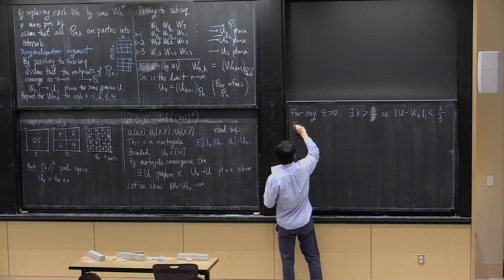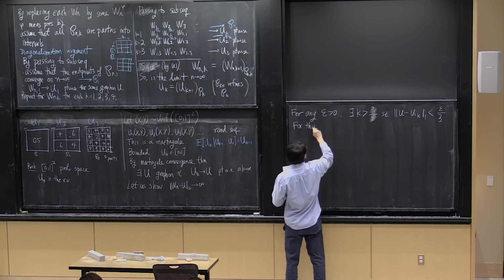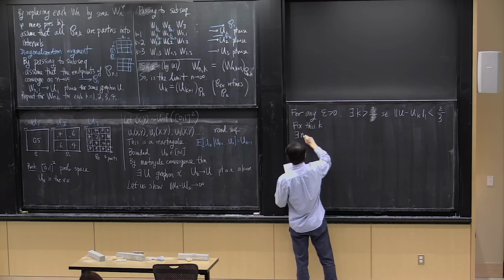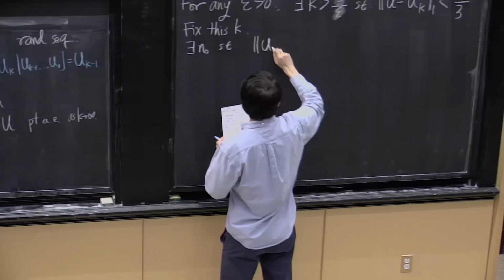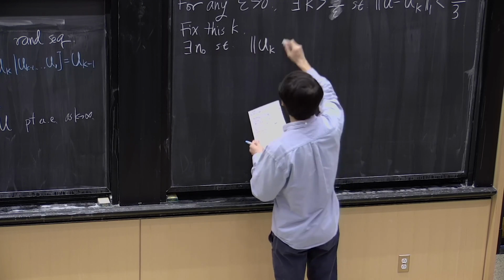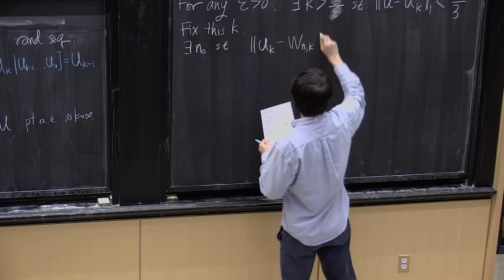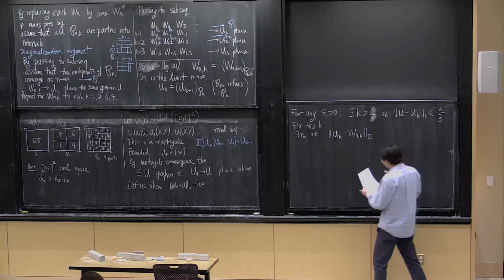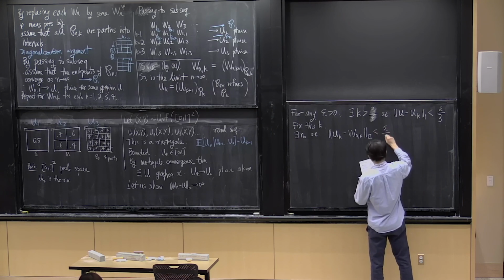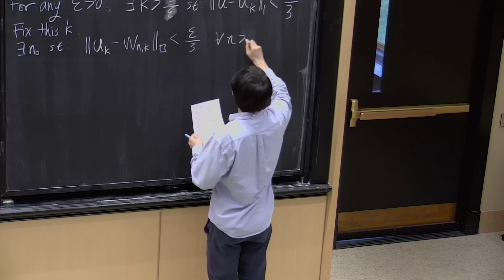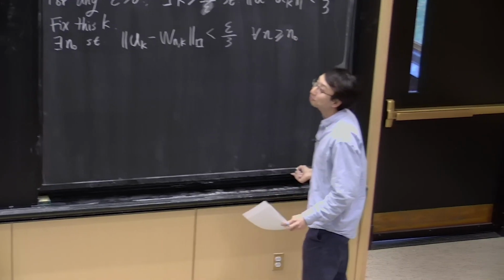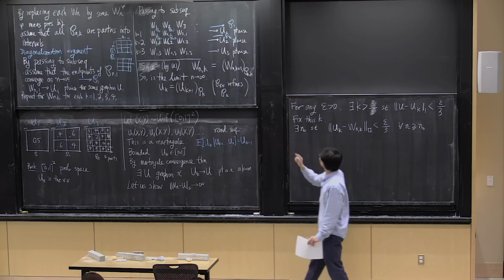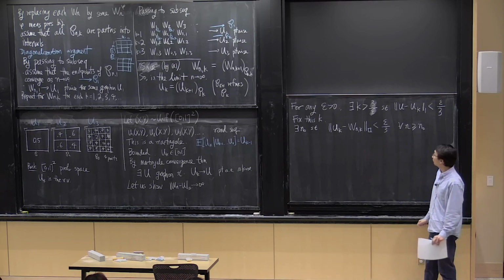So we find this K, so let's fix this K. Then there exists an N naught such that U sub K is very close to W sub n for all n large enough, because of what happened up there.